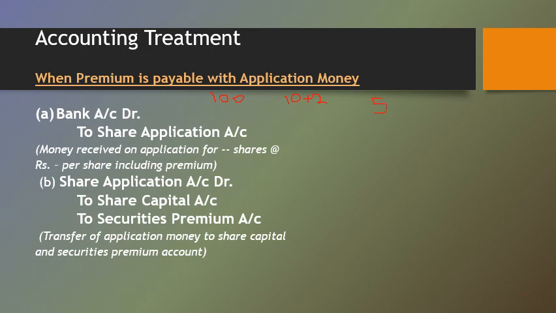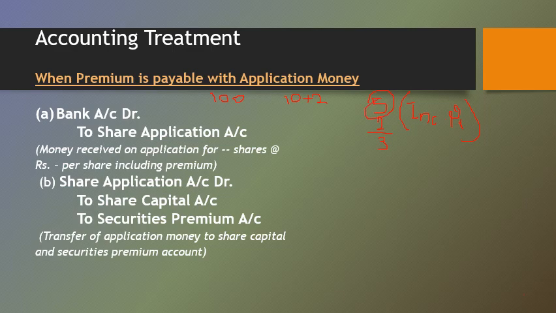It is also said that the application money includes premium. The premium amount is 2, so the actual application amount is 3, but including premium, the shareholders have to pay rupees 5 on application.